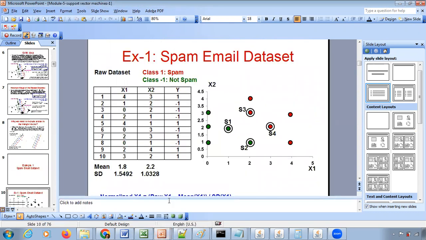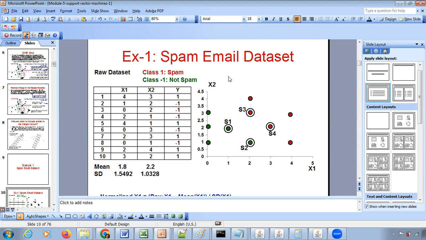And we have a class 1 here representing spam, and -1 is not spam. So as I said, we'll follow the convention that class 1 is representing the targeted class, spam. It doesn't matter, we could do the other way as well. But just to be consistent in all the examples in the course in general, we'll follow the convention that class 1 will represent the targeted class and class -1 the other class.